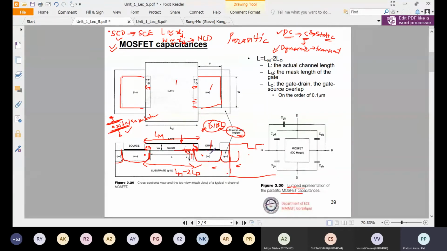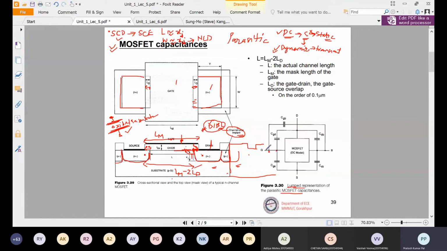In between gate and drain, gate and substrate, gate and source, there will be different capacitances, but we approximate them to a single capacitance. If it is gate to drain, we name it CGD, the gate to drain capacitance, a single lumped capacitance, a combination of all the distributed capacitances.